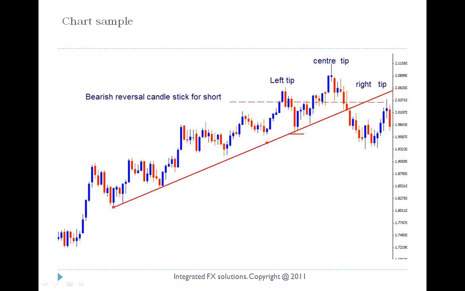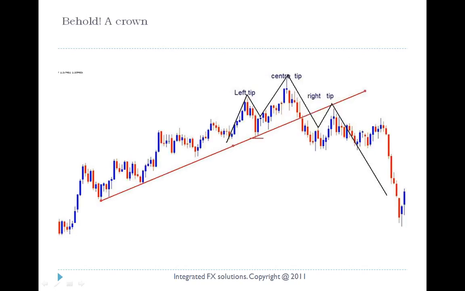Here is the chart sample. We see a bearish star as a confirmation for entry. Behold, a crown. After the entry, price dipped. That's amazing, it's a good sell setup.